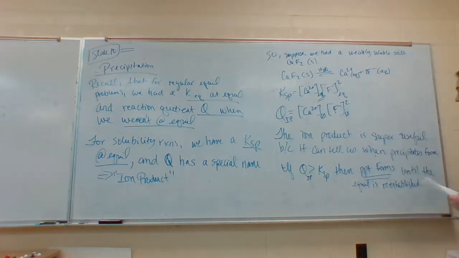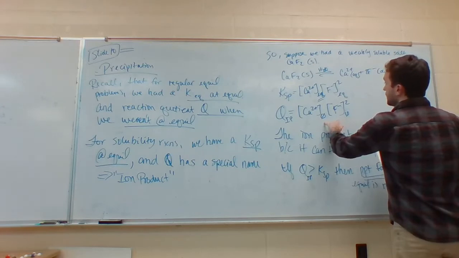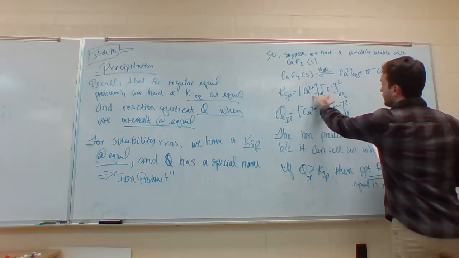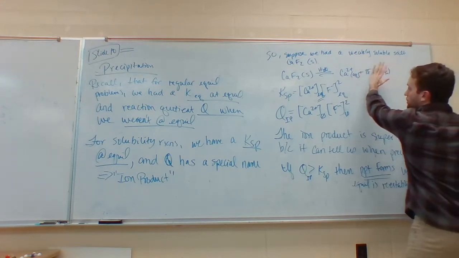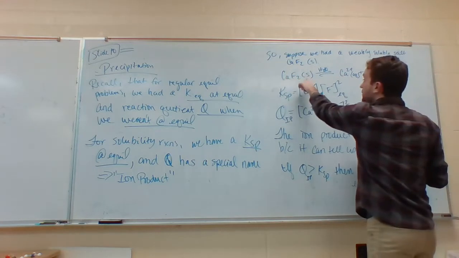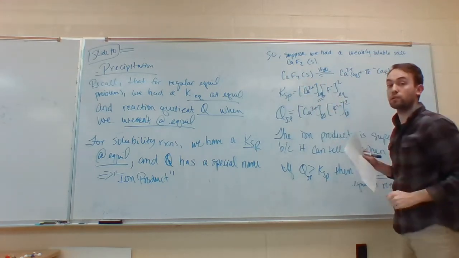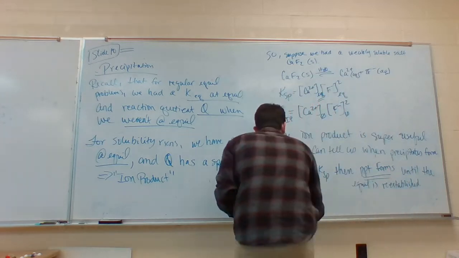And that should sort of make sense, right? If our initial concentrations are greater than our equilibrium concentrations, then that's like saying I have too many players on this side, which means that my reaction will shift to the left. Well, if it shifts to the left, then we'll be forming a whole lot more solid. So that will give us our precipitate.